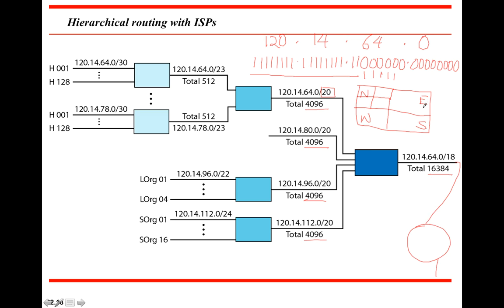Because it knows that any packet destined for this network 120.14.64.0/18 will all go on this interface. So instead of having all these many addresses in its routing table, we have shortened the entries in the routing table by intelligently designing this in a hierarchical manner. So this is hierarchical routing, and this is what happens with addresses.